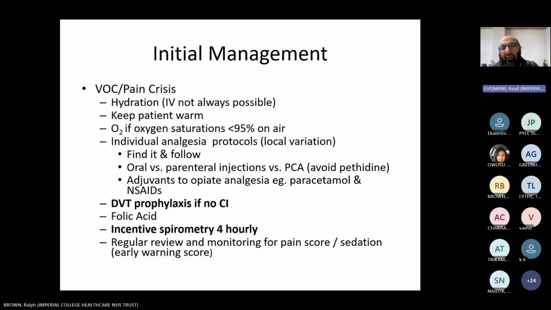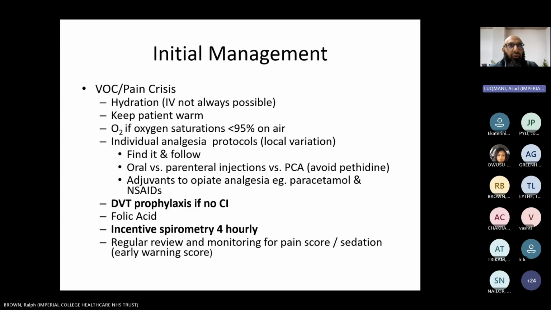There's also an option of treating patients with the PCA, patient-controlled analgesia, which is recommended by the NICE guidance as well, which we'll talk about subsequently. And there are strong recommendations that pethidine should be avoided for treatment of acute sickle cell patients, unless there's absolutely no alternative, due to the increased risk of giving pethidine in this situation.